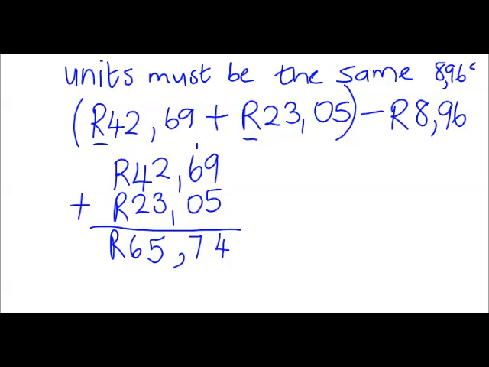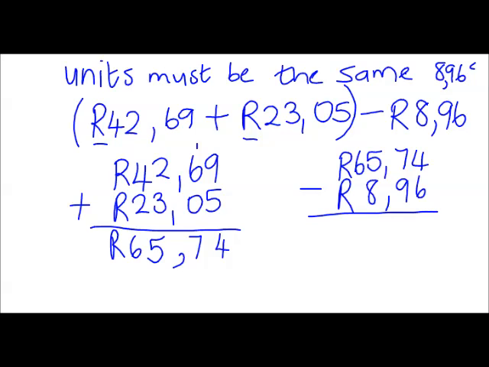What have I got to do with 65 Rand 74? I've got to subtract 8 Rand 96. I cannot subtract 6 from 4, so 7 becomes 6. 14 take away 6 is 8. 6 take away 9, can't do. 5 becomes 4. 16 take away 9 is 7, and 9 is 16.